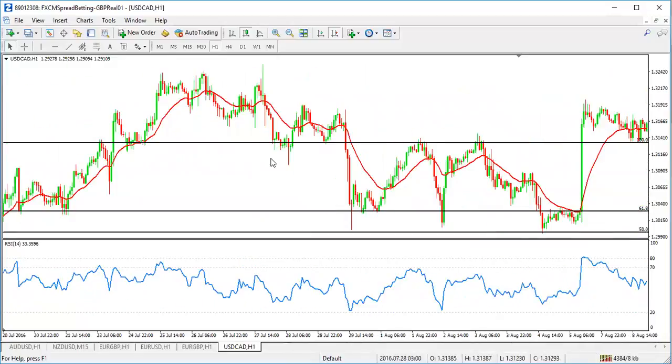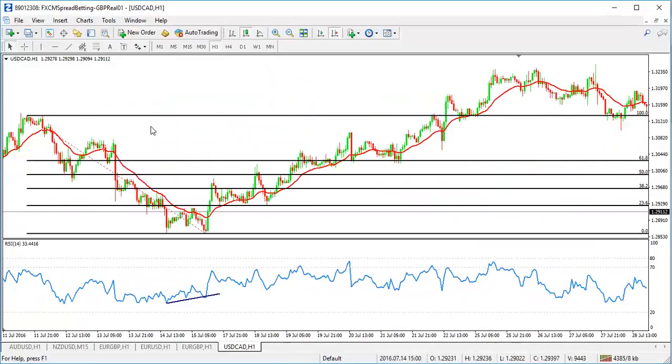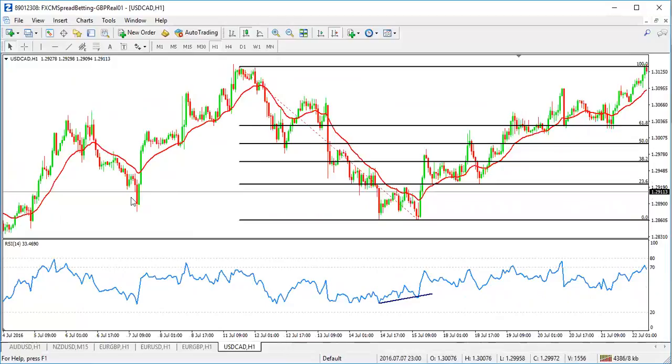So you want to be using your Fibonacci once a trend has played out. You've got an uptrend, it's failed to form a new high, so you've got a lower high.